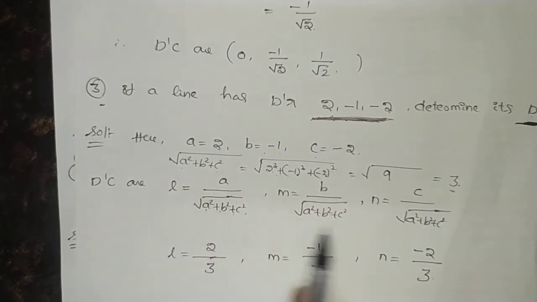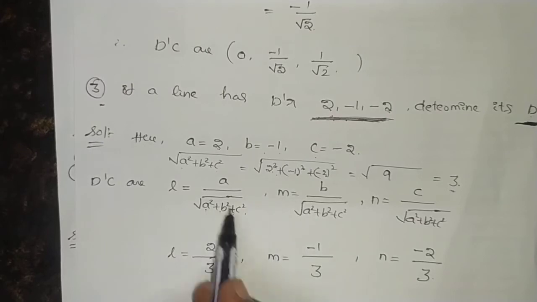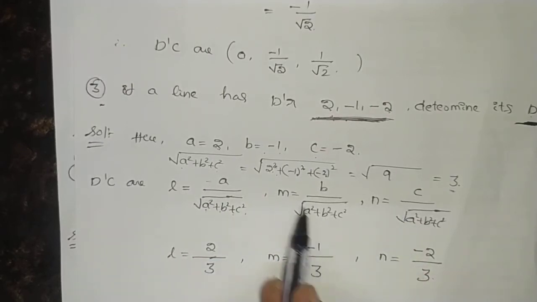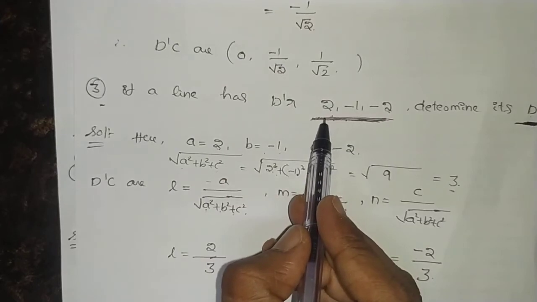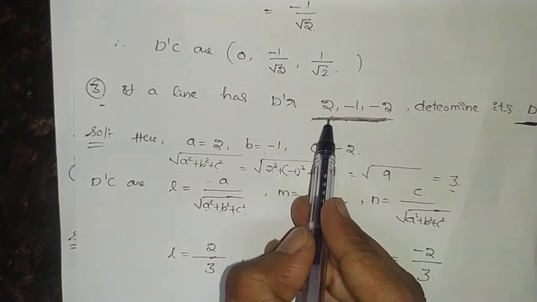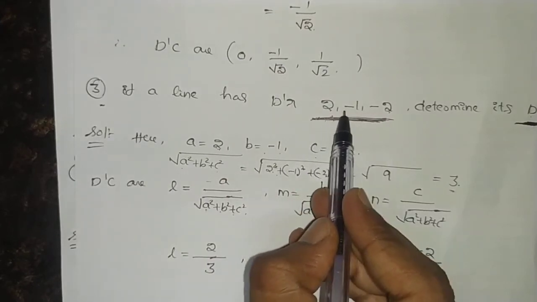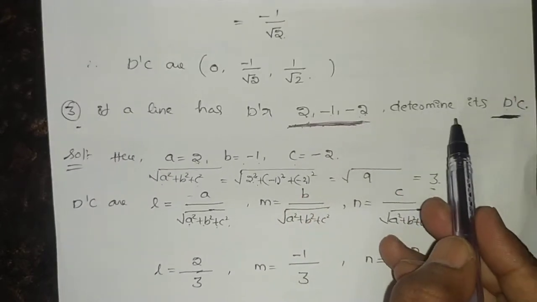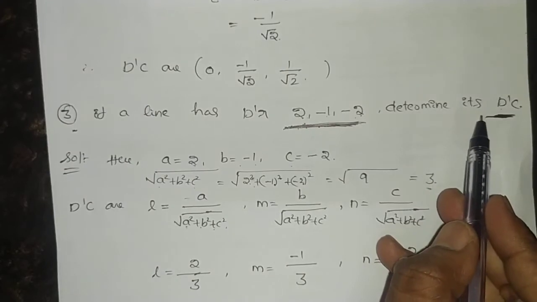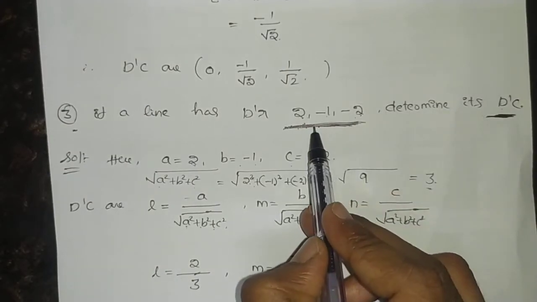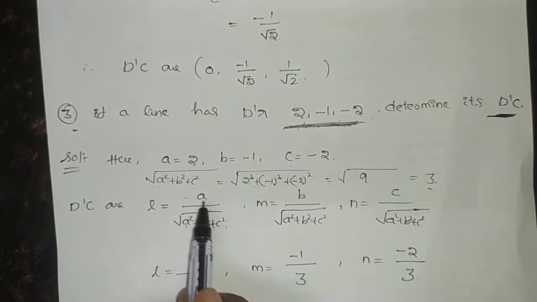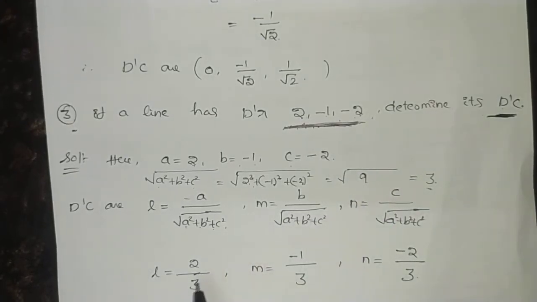We should not take the plus or minus, because he said in the problem itself that for direction ratios 2, -1, -2 we have to find the direction cosines. That's why we should not take the plus or minus.